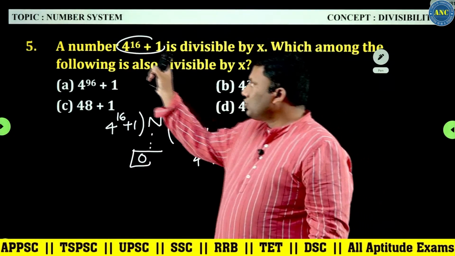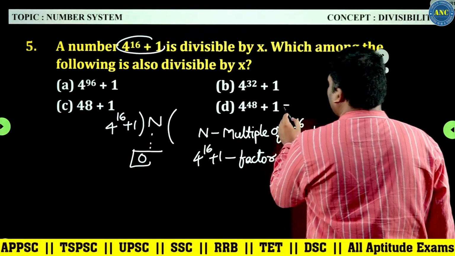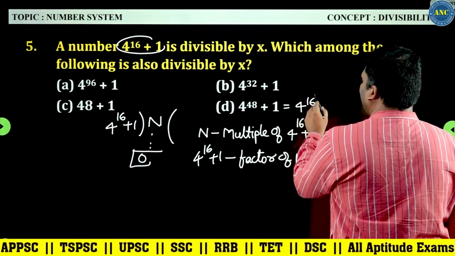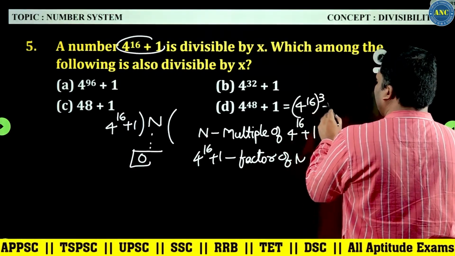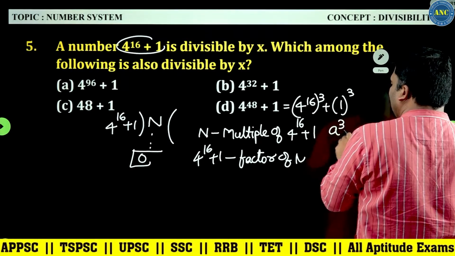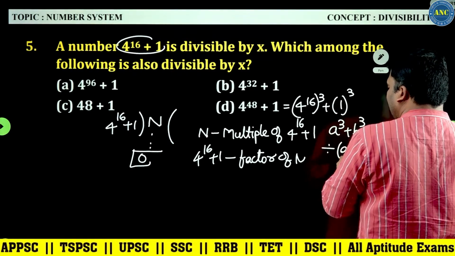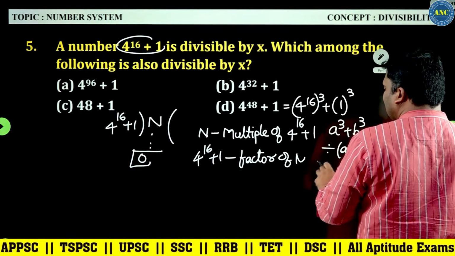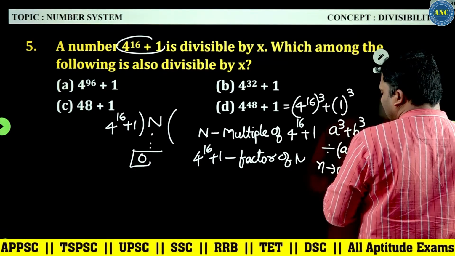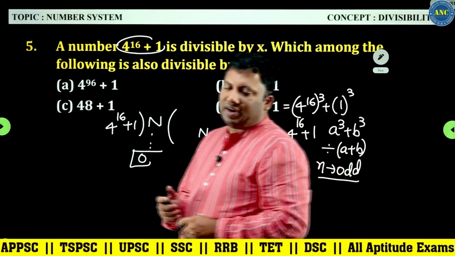The answer options should be divisible by 4 power 16 plus 1. Option D, if you see, is 4 power 16 whole cube plus 1 whole cube. A cube plus B cube is always divisible by A plus B if n is odd.